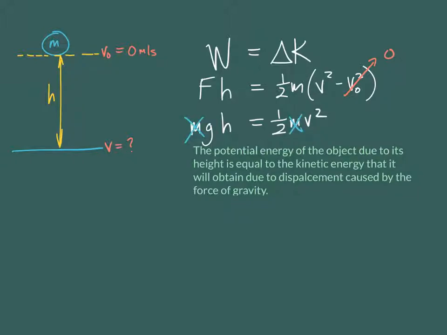mass is common to both sides of this equation. I can get rid of that 1/2 by multiplying both sides by 2, and I can get that the speed of the object will just be the square root of 2 times the gravitational acceleration constant times the height of the object.